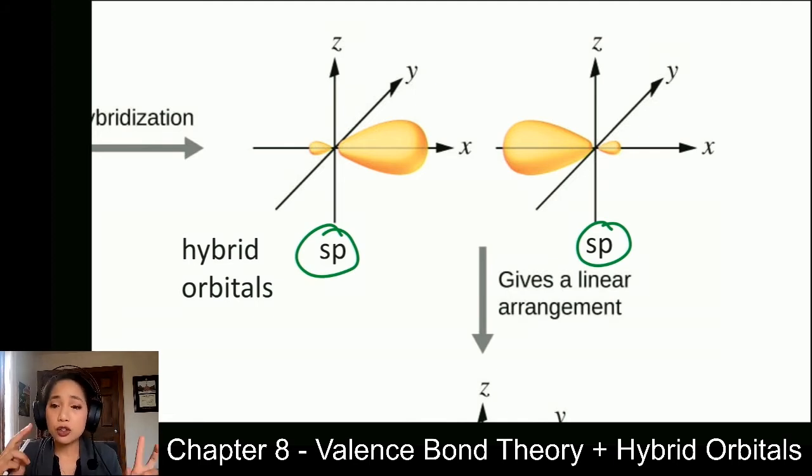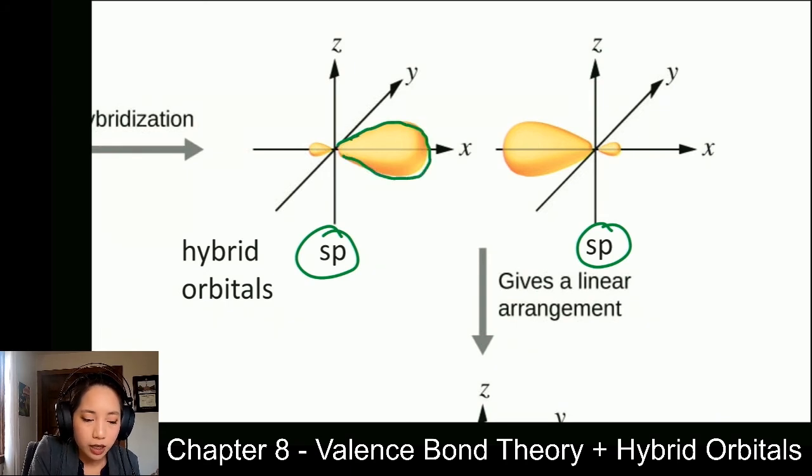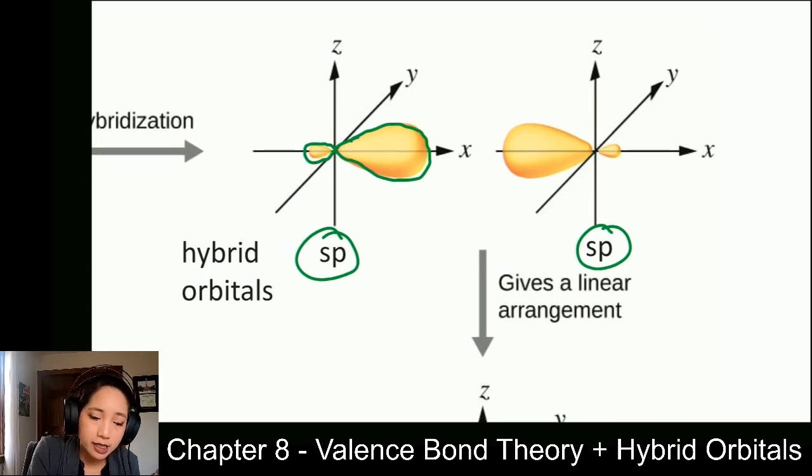Again, we get two different unique sp orbitals out of this because we put two atomic orbitals in. What you see here in one of the sp orbitals along the x-axis is that we have most of the electron density on one side of the axis, but we have a little lobe on the other side. So there's some electron density on the other side, but most of it is on one side.